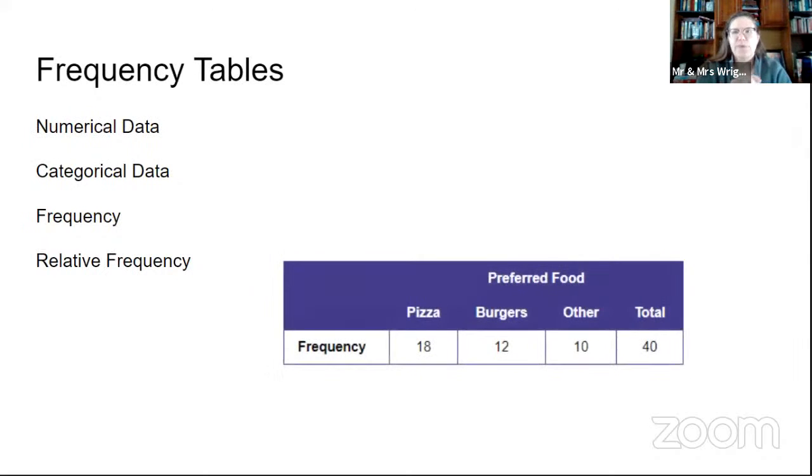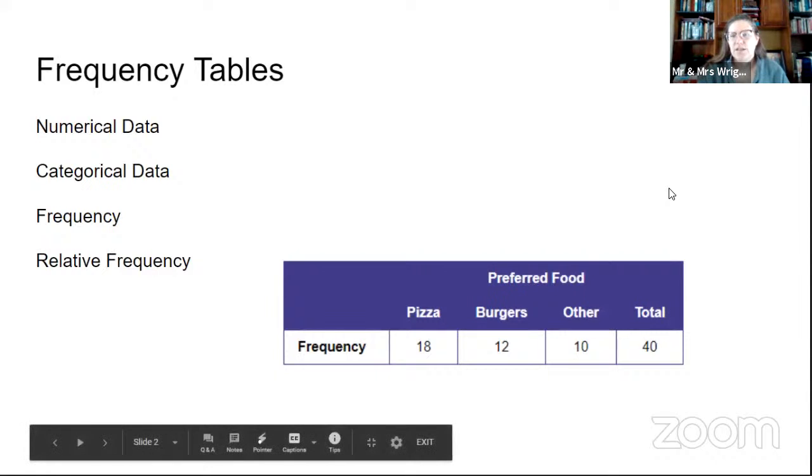So here's an example of a frequency table. Now we kind of got into this in the last session, our first half of the unit, when we talked about frequency tables. So this is a person who took a survey of people, maybe at a food court, and asked what is their preferred food? In total, they surveyed 40 people.